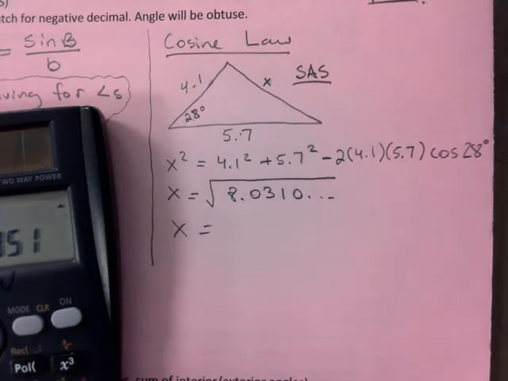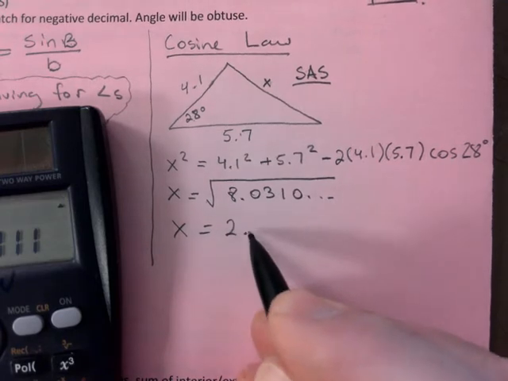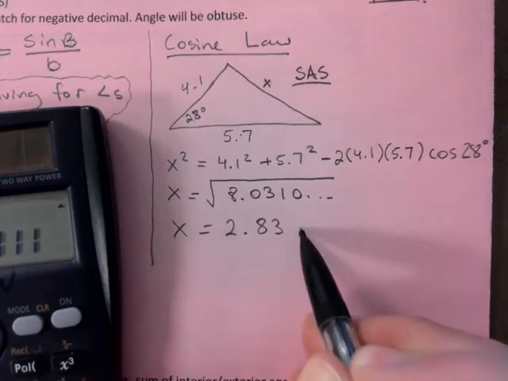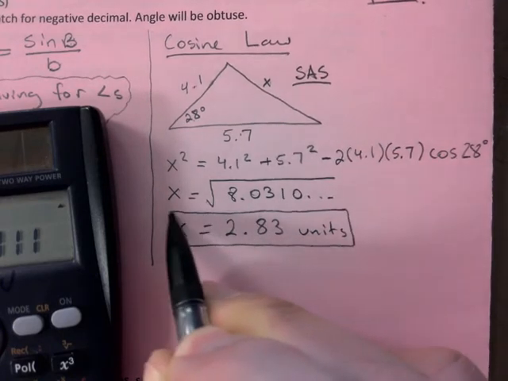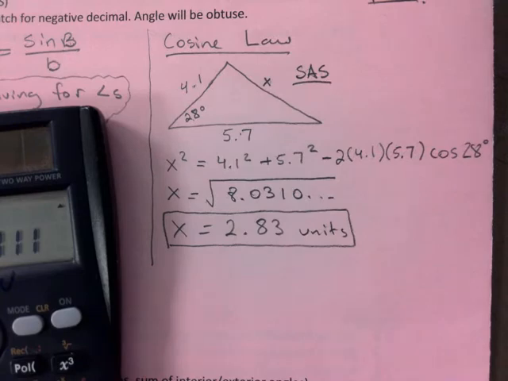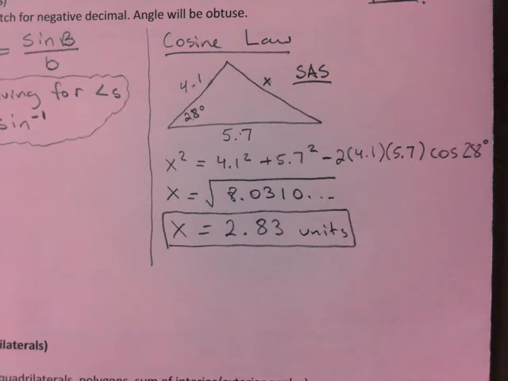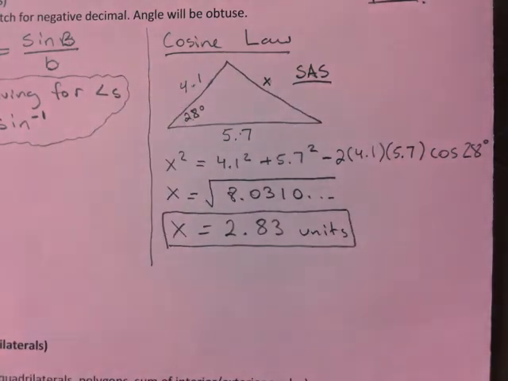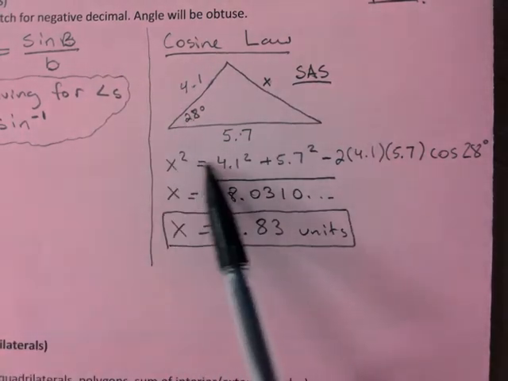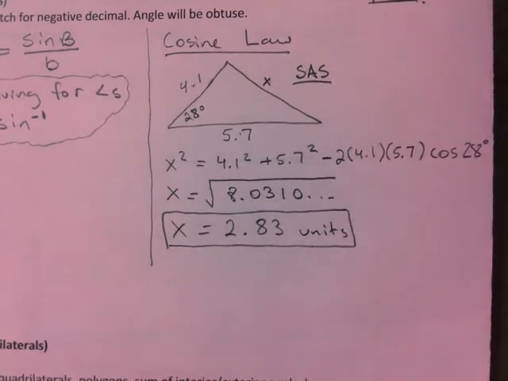Press square root, equals 2.83, and we'll put units down. That's how you solve one of those. So you should recognize, oh yeah, this is the two sides where the angle is in between. This is cosine law, and this is how I should solve that.